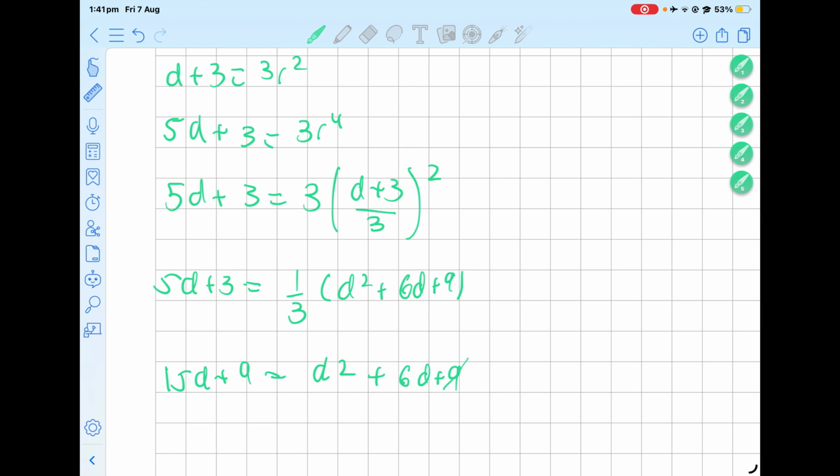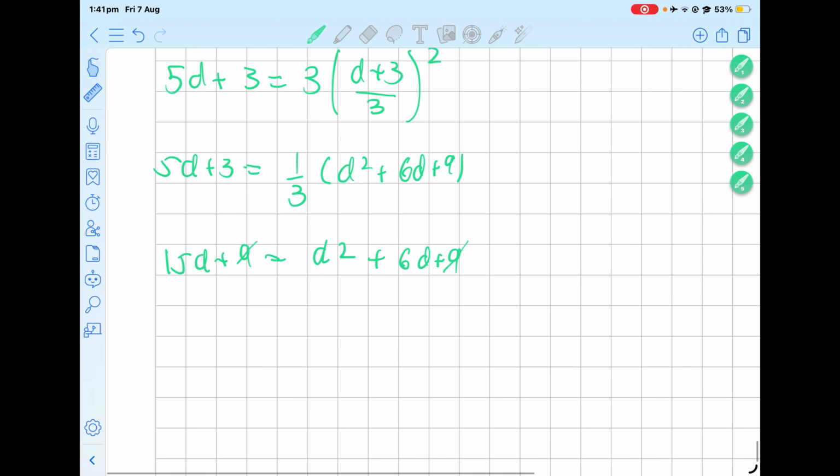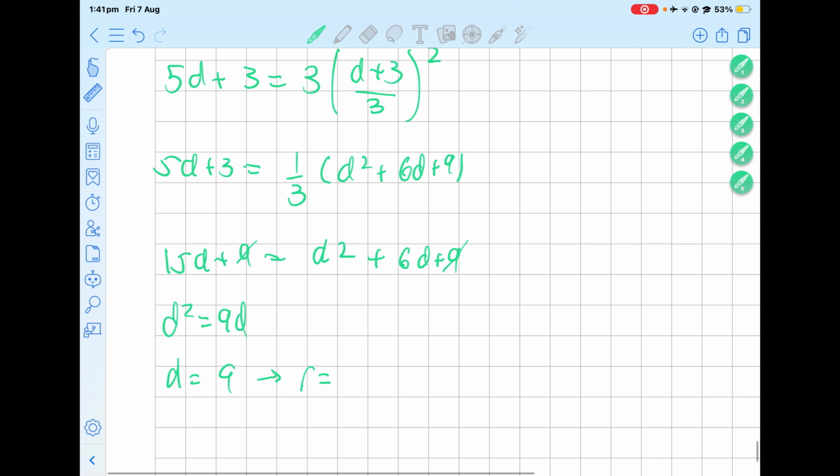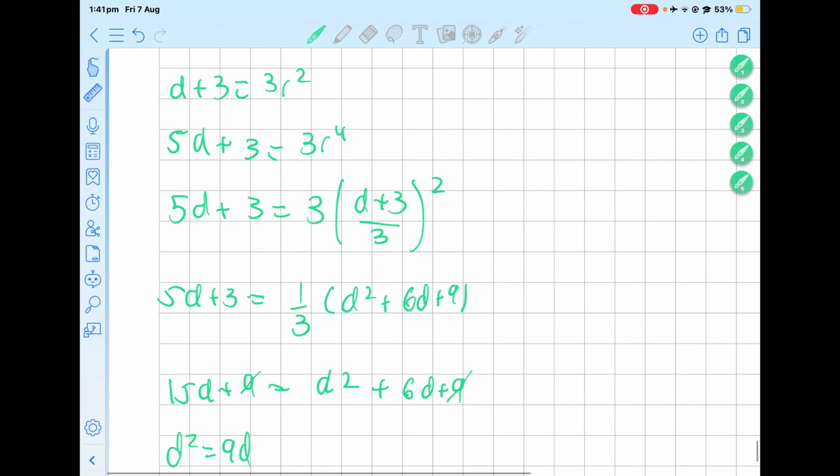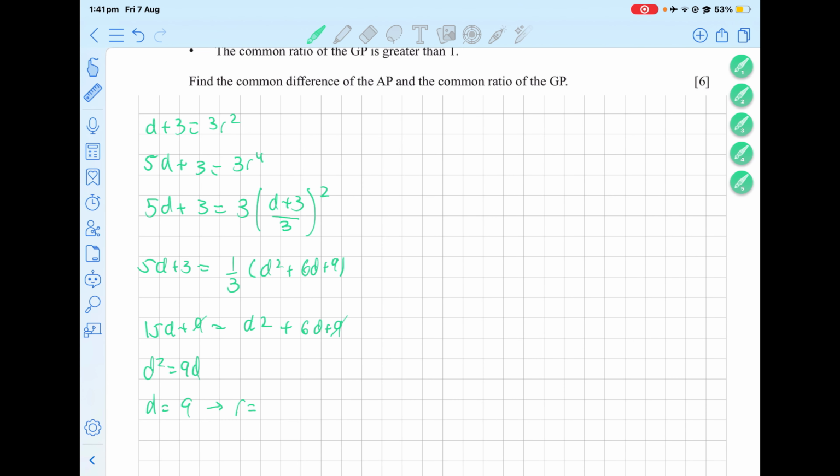This cancels out with this, so we're saying that d squared equals 9d, so d must equal 9, and since d must equal 9, so 9 plus 3 is 12, and then 12 over 3 is 4, which equals r squared, so r equals 2.